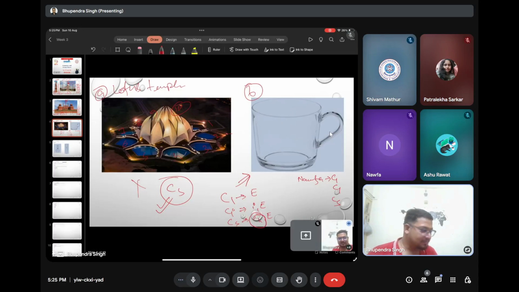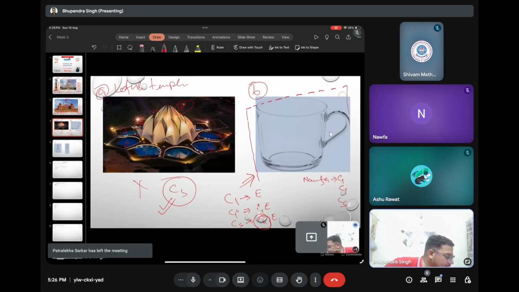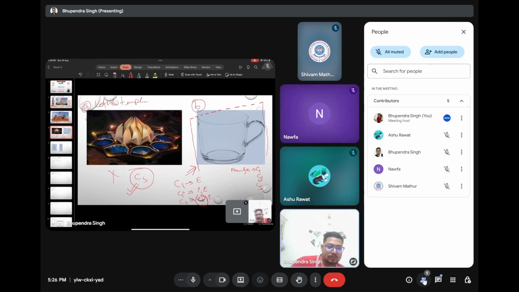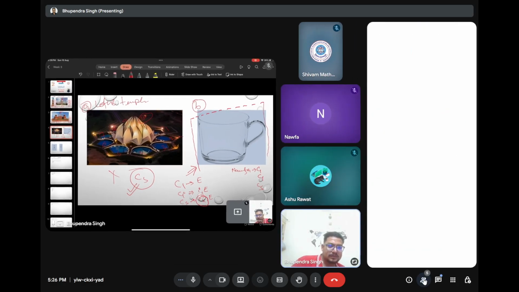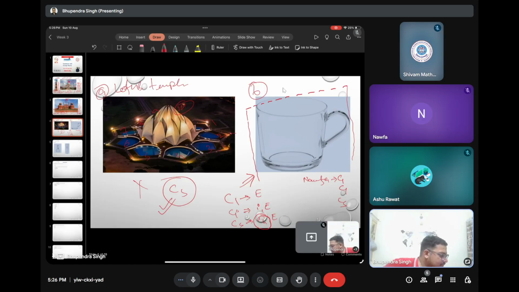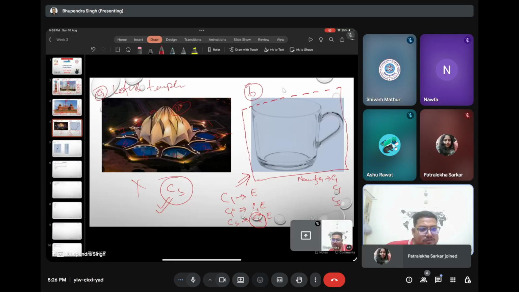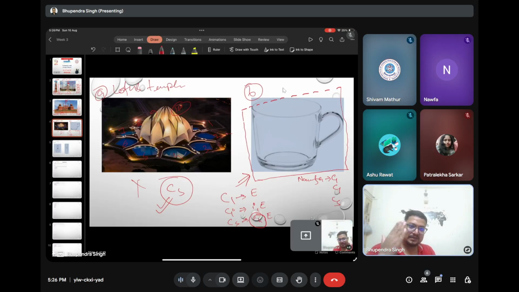If sigma s is present, it means that if you try to pass an imaginary plane from the middle of the cup, it is bisecting the cup in half.